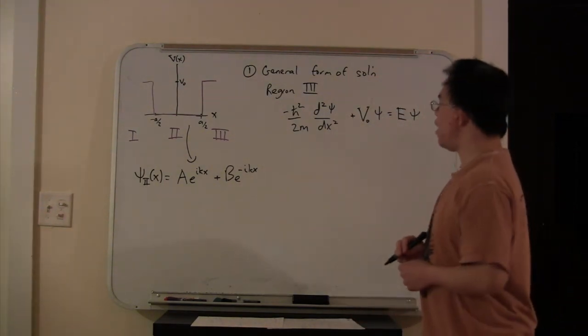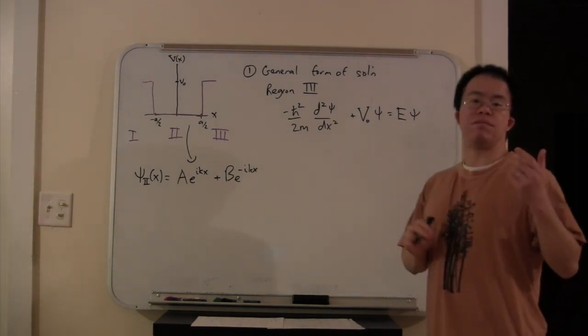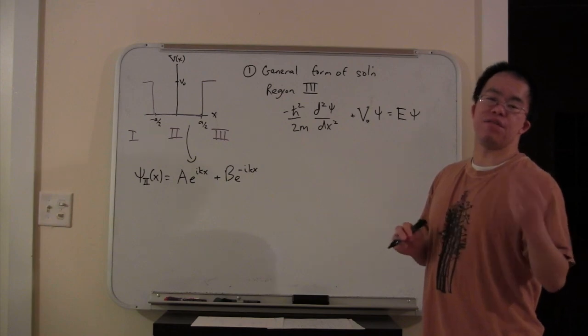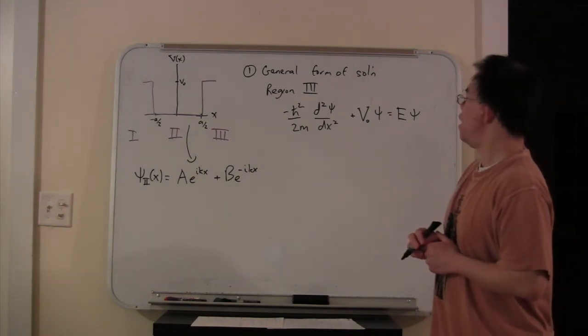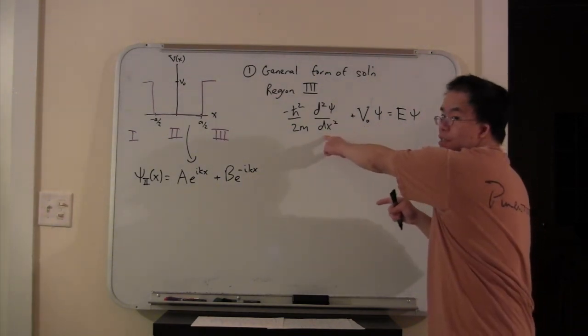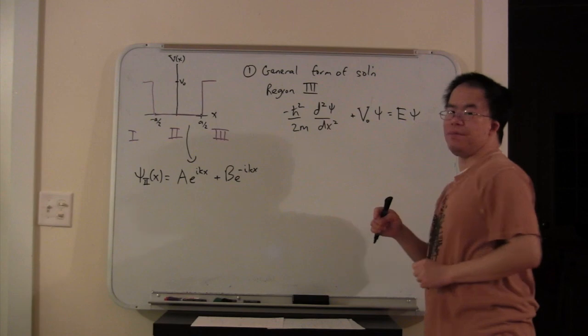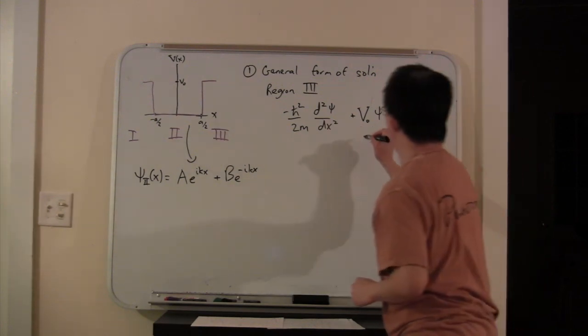So let's think about how to solve this. It might help to try to rearrange this in a form that's familiar, that's similar to what we did before. So what I'll try to do is isolate the second derivative piece here. And what we'll do is I'll start by subtracting this over.